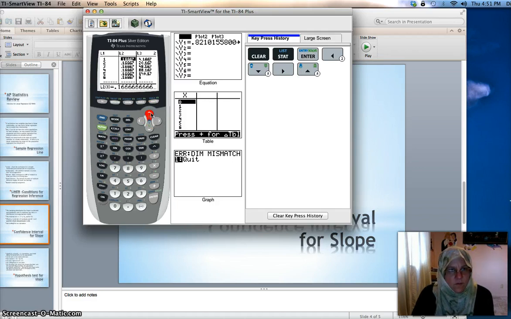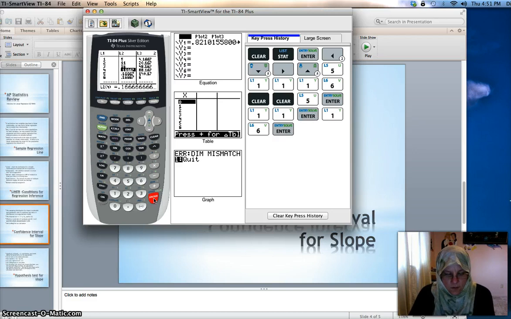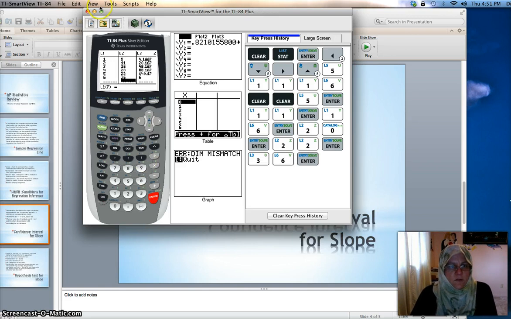About 5, 11, 16. 5, enter. 11, enter. 16, enter. 20. Let's do 22 and 36. Okay, so there's some data, and we can go.